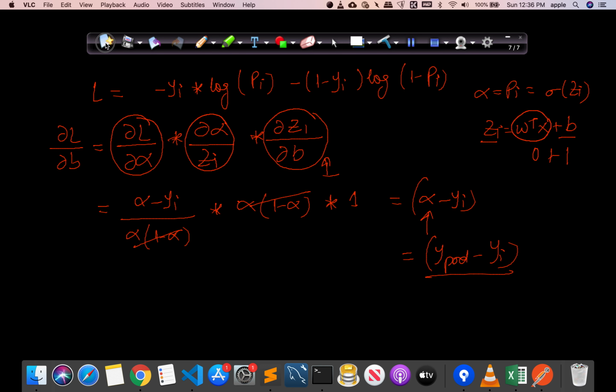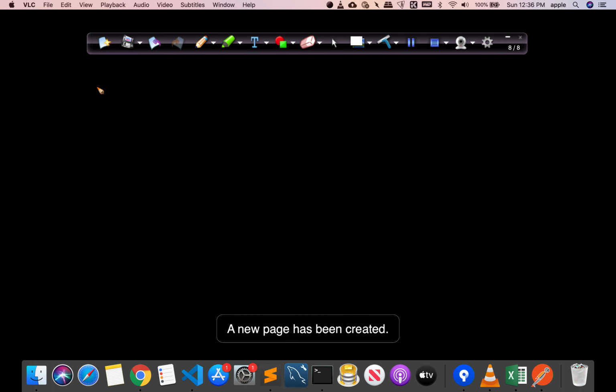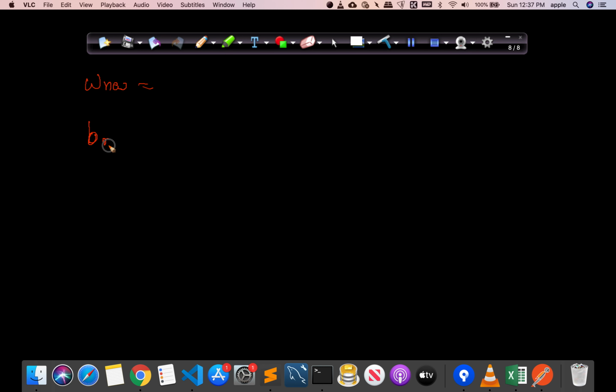So now we have the update equations for both w and the bias term. This is w new, this is bias new. w new is w old minus learning rate multiplied by y predict minus actual yi, multiplied by the data point x.